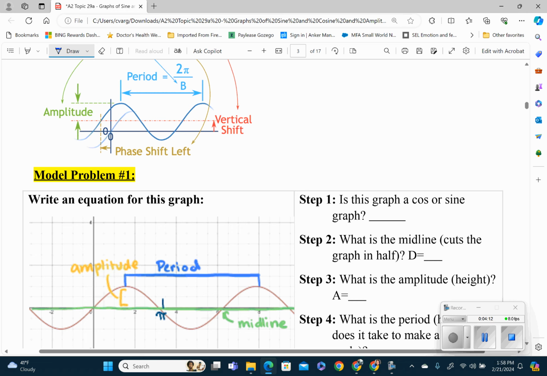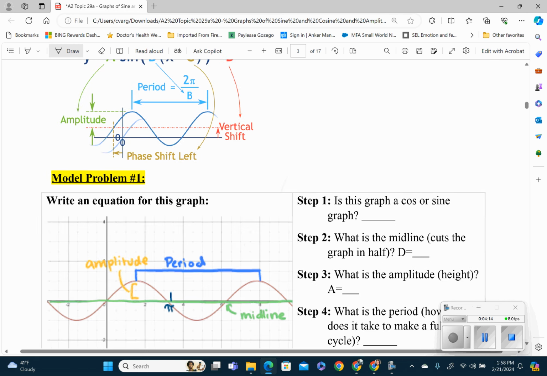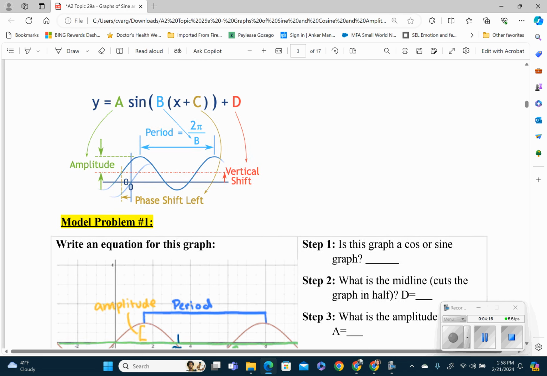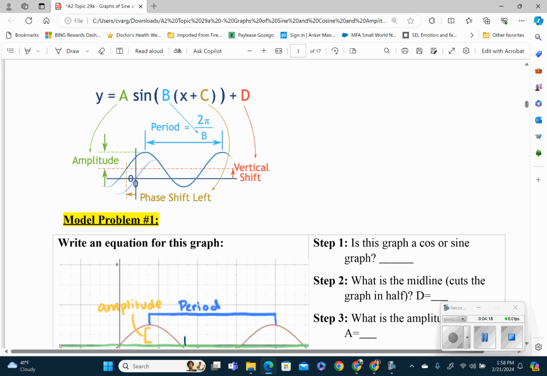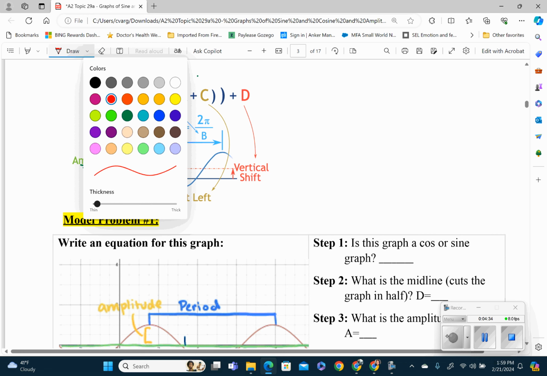So now we're going to talk a little bit about what each of these letters mean in a graph. So my A, let's do some green here, is the same thing as my height. It's the amplitude. Amplitude is the height. So we always start at our D, which is our midline, the vertical shift.